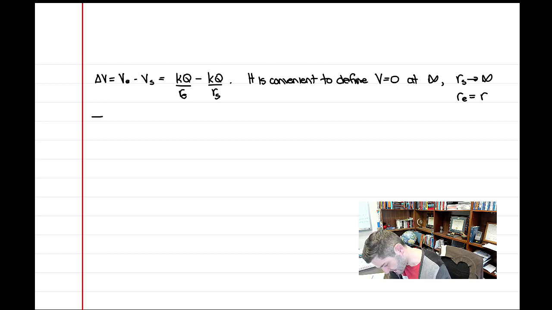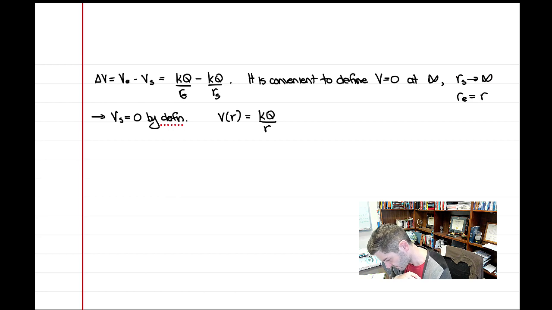Since, if we call r start our reference point, then by definition V start is 0. And that implies that V, which is only a function of r, is kQ over r.